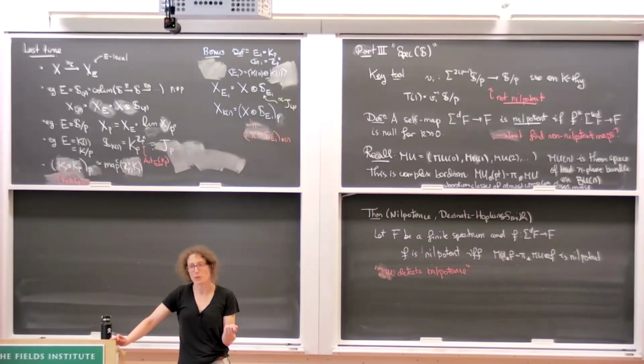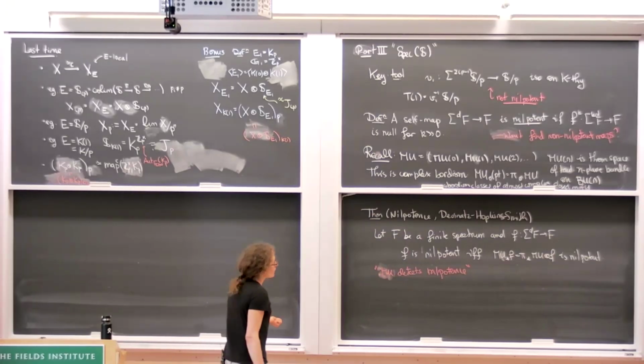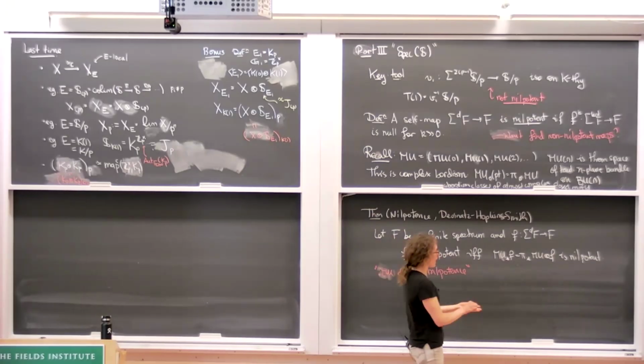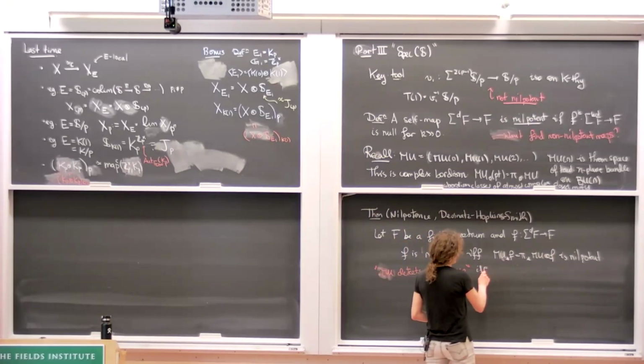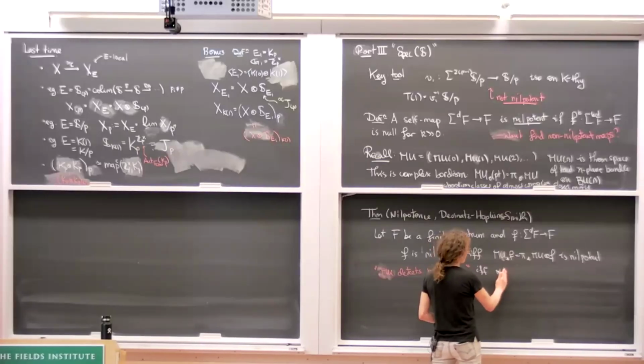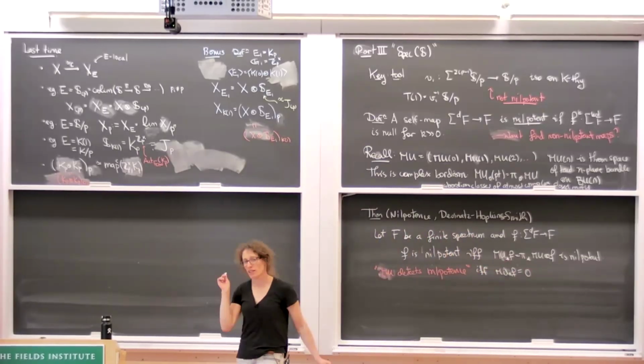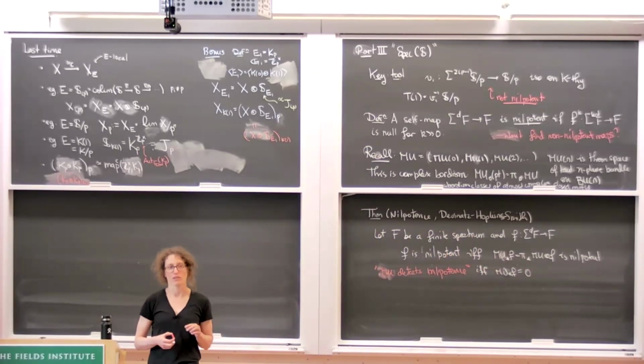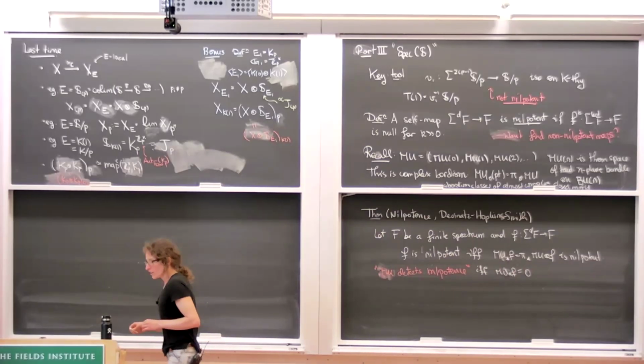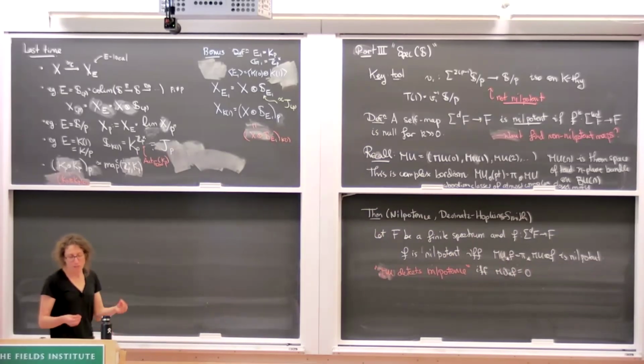Well, I can check on mu. I phrased it this way so that the generalization is easier to see, but it's actually if and only if mu star of F is 0. So that means mu can be used to test if the things we construct are going to be amenable to the techniques that we did before.